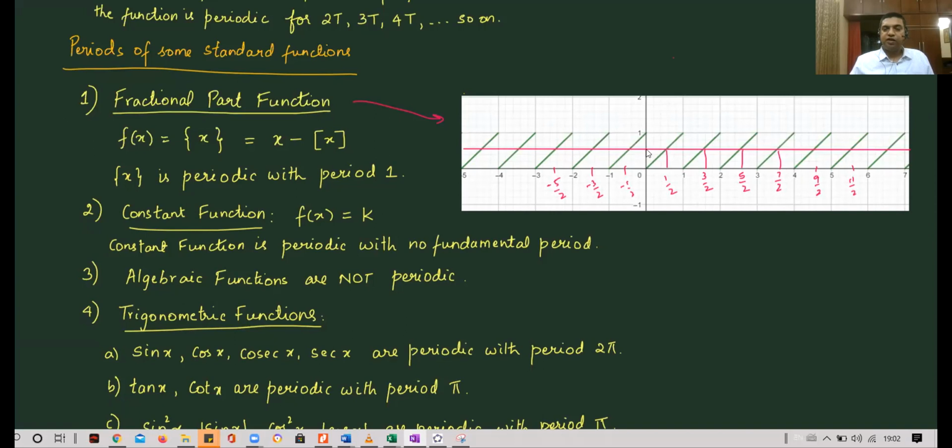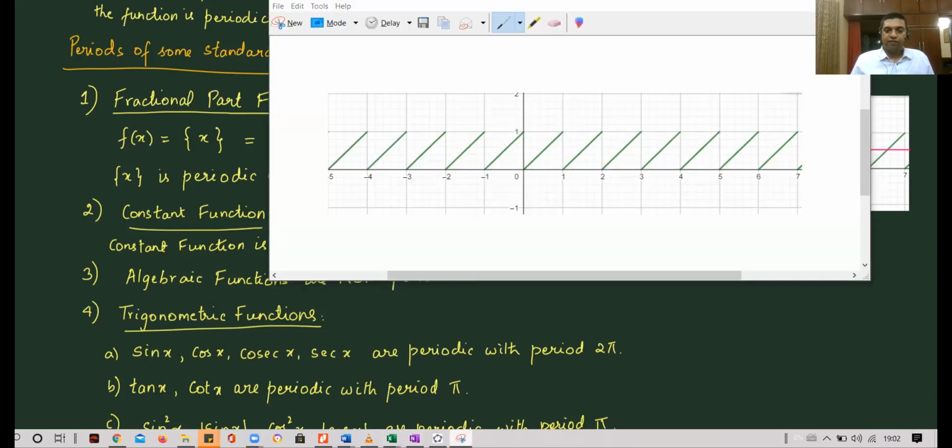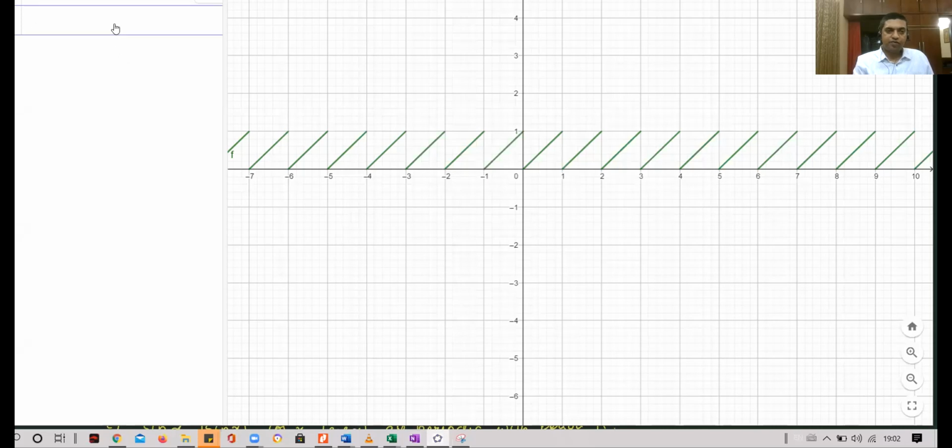For all these, the function value is half. Whereas for a constant function, throughout the values of x, the value will be the same. Let's say f of x equal to half. We can do that.